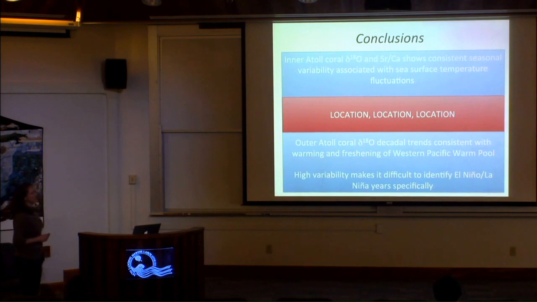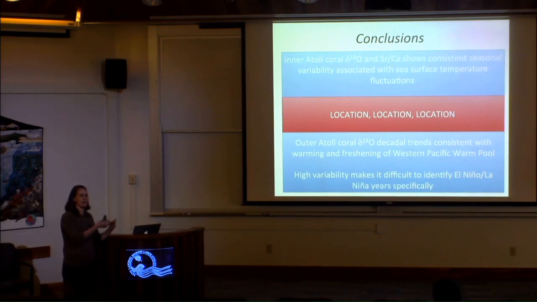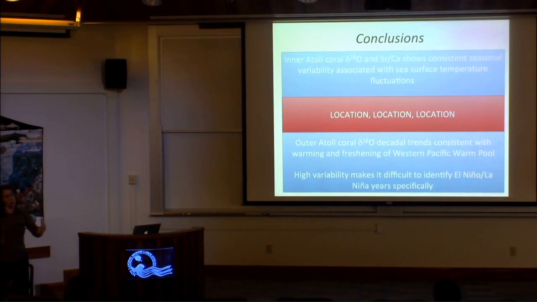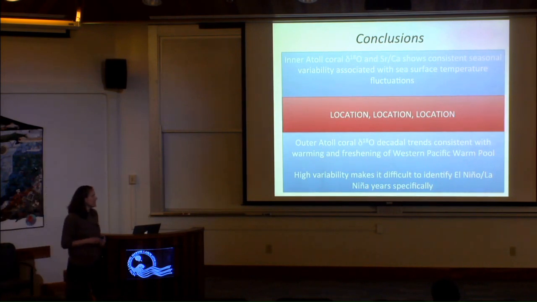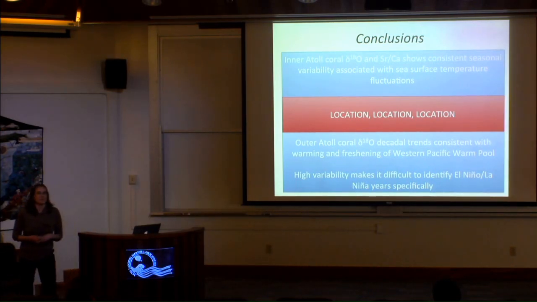You have to frame your question, know what your question is, and purposefully go out and collect your samples knowing what all the variables are. Because you can't take a core at the inner atoll and expect it to be representative of that 1-by-1 grid box. And so that was, I think, one of the biggest things that we learned from this project: we see very different signals from these samples.